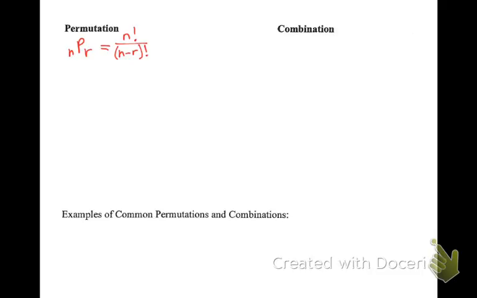Now, I'm not sure if you've seen factorials before in Algebra 2, but a factorial is essentially, if you have 5 factorial, what that's saying is you're doing 5 times 4 times 3 times 2 all the way down to 1. 6 factorial will be 6 times 5 times 4 times 3 times 2 times 1. Okay, and you can do these for any positive integer.